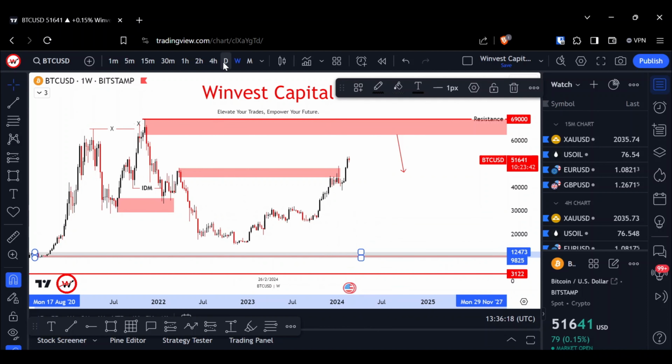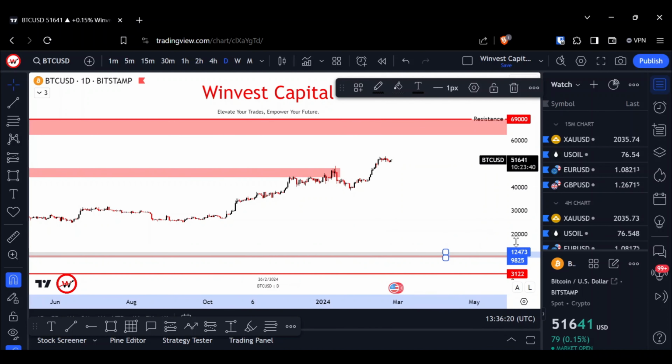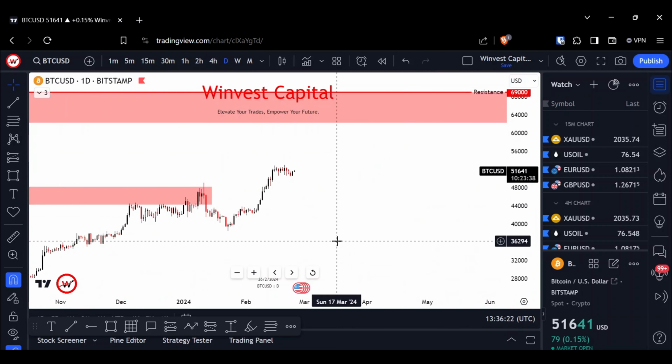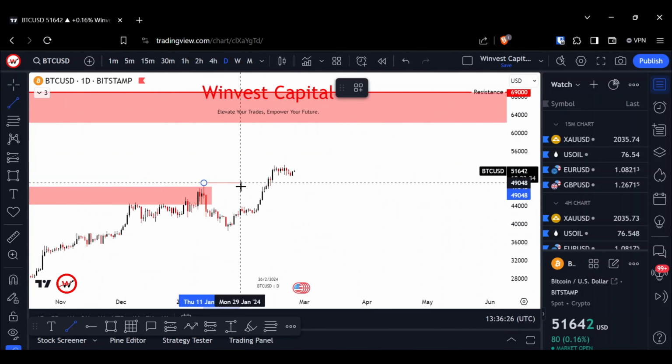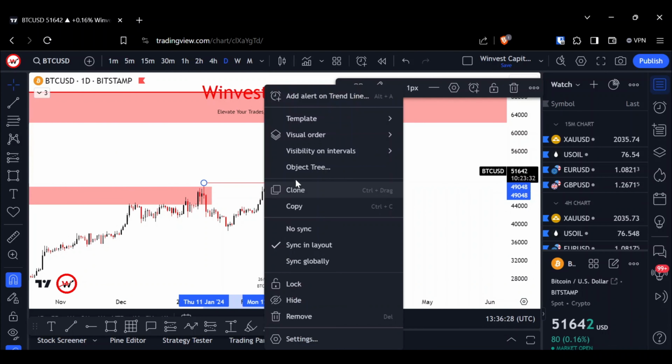Yeah, let's go to the daily chart. In the daily chart, we can see that here it made a break of structure.